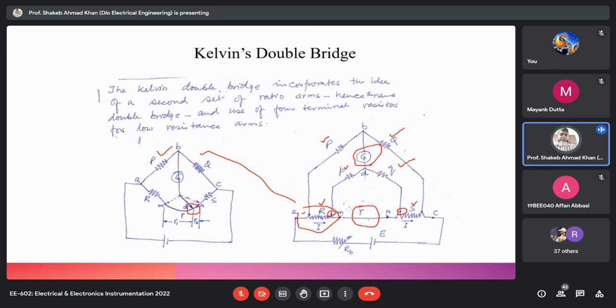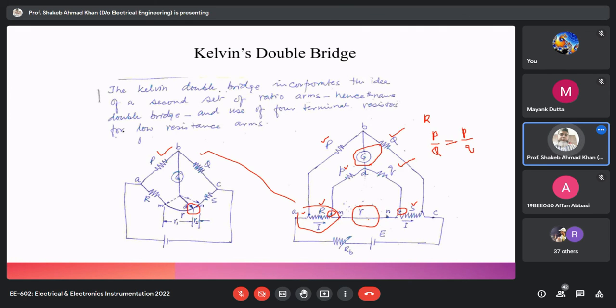And obviously now in this implementation case, it is very easy to choose two resistances, small p and q, which are equal to capital P and Q, your original ratio arms. It is very easily possible.